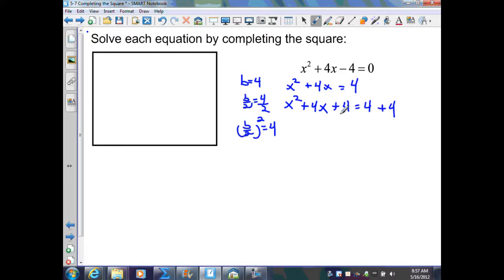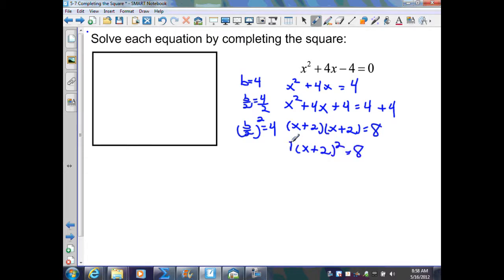Now this becomes a perfect trinomial. I can factor that, x plus 2 and x plus 2 equals 8. And if I FOIL, I can see that it is a perfect trinomial. X squared plus 2x plus 2x is 4x. 2 times 2 is 4. Rewriting that, x plus 2 quantity squared equals 8.